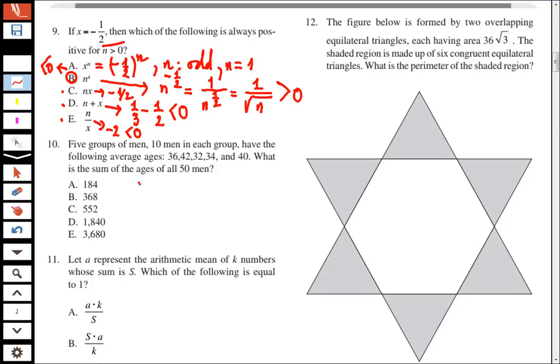We just take the average value times the number of men in each group, 10. Do the same: 42 times 10, 32 times 10, and 34 times 10.